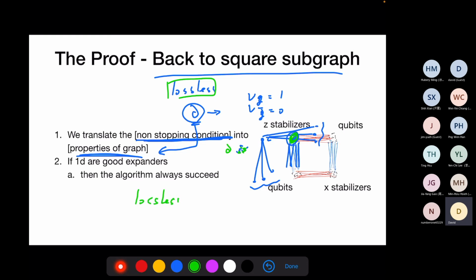So if the graph is lossless, here's one implication: the size of partial v0, partial negative one actually, will be something like that. Recall that lossless is saying that there are a lot of neighboring edges and neighboring vertices, so losslessness would imply something like that.